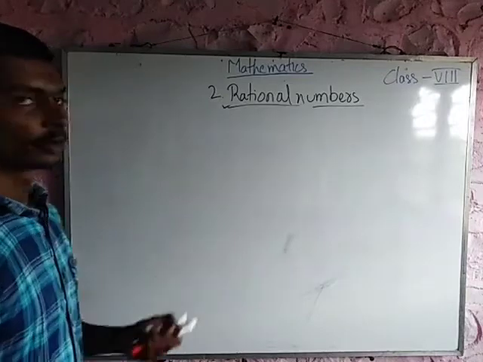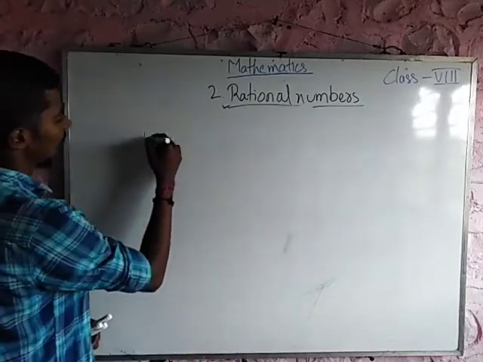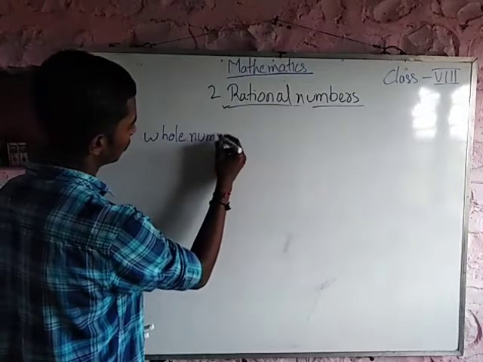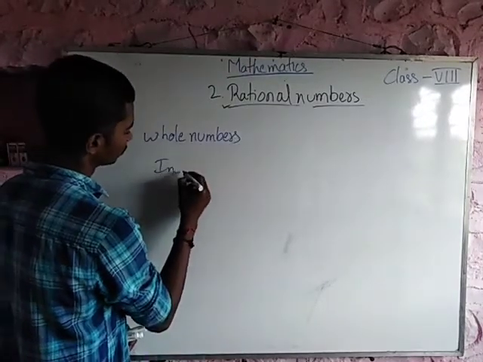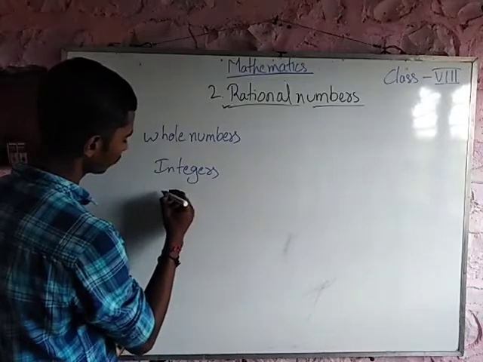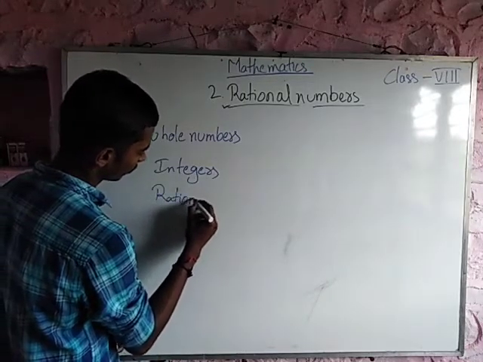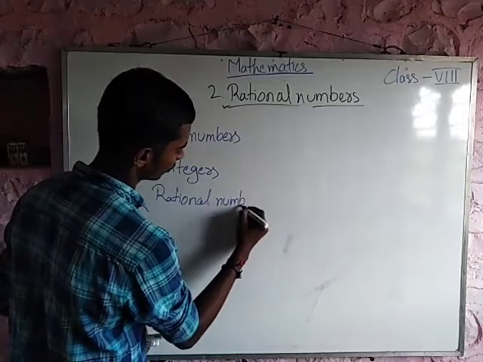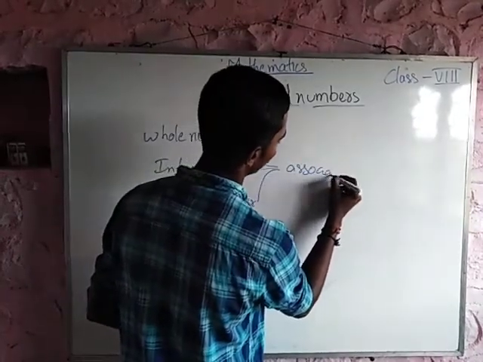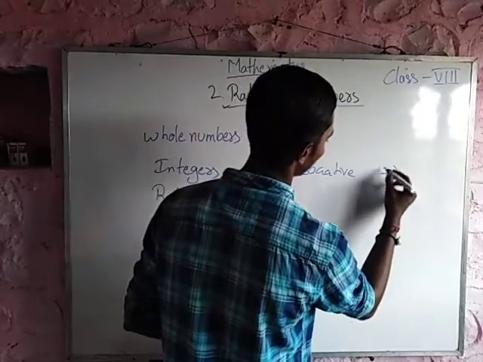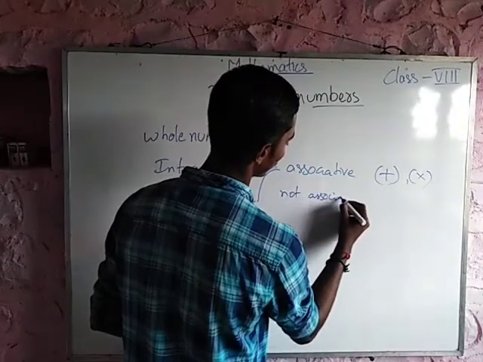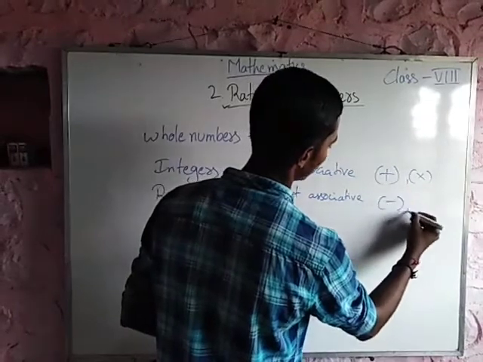So directly what we can conclude is whole numbers, integers and rational numbers are all associative under addition and multiplication, but not associative under subtraction and division.